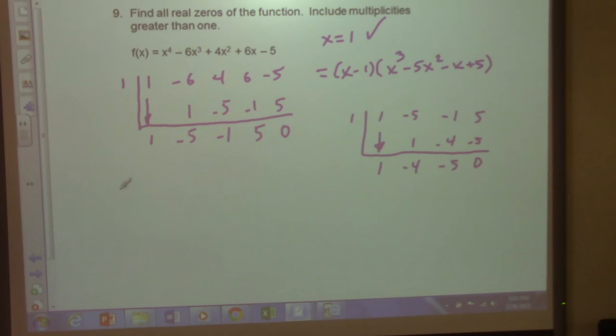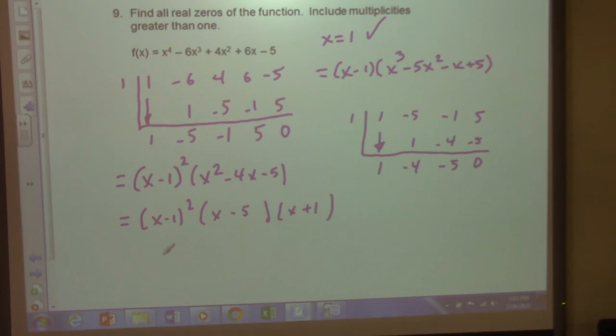So we have x minus 1, and yeah, we have 2 of them, don't we? Because we did it here and here. And what we have left is x squared minus 4x minus 5, and that's going to be x minus 5, x plus 1.